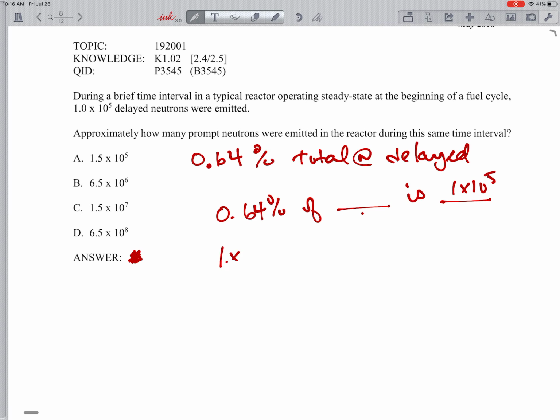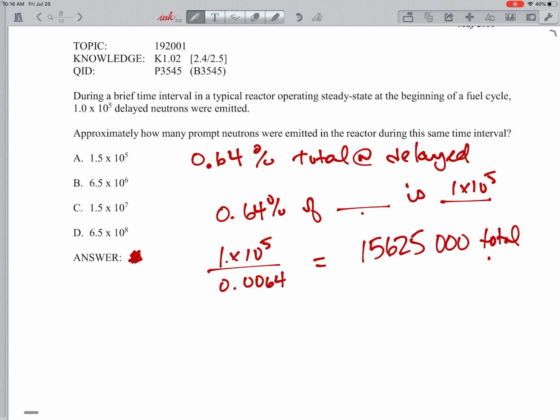So 1 times 10 to the 5th divided by 0.0064. And that should be our total number. That is going to be equal to 15,625,000 total neutrons.